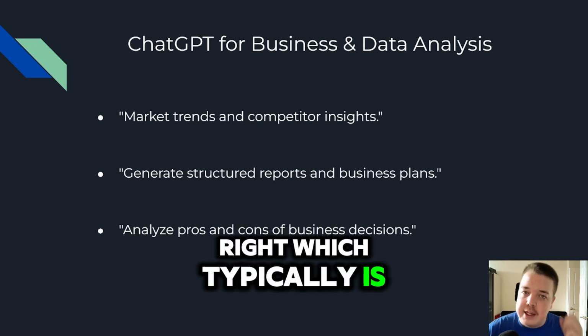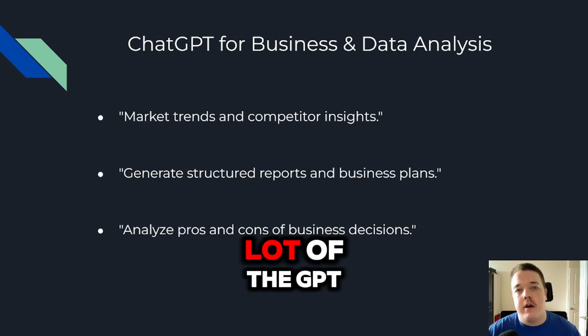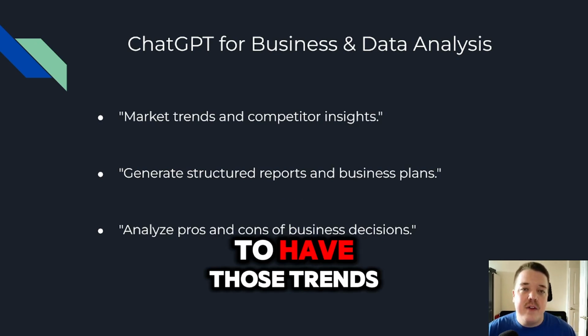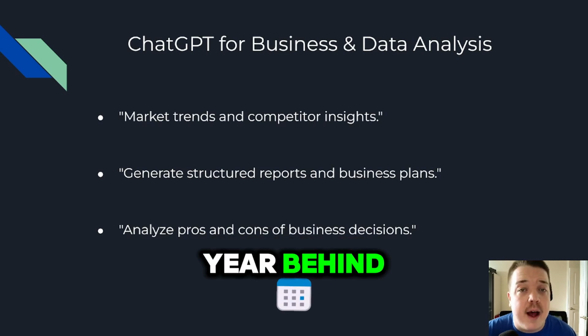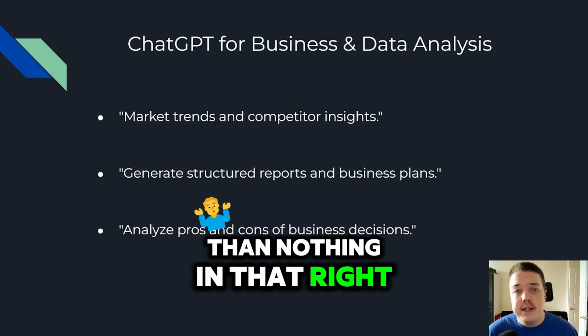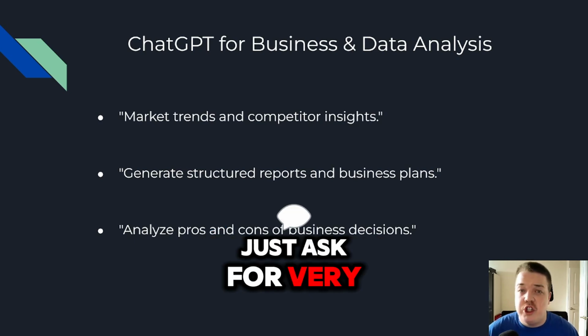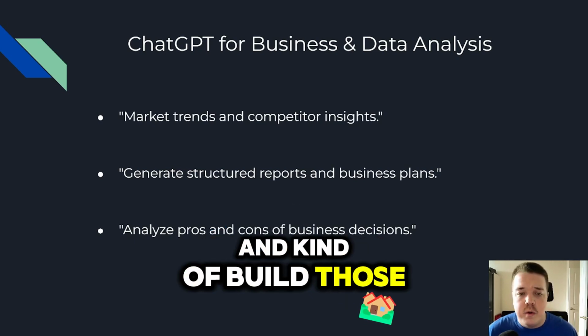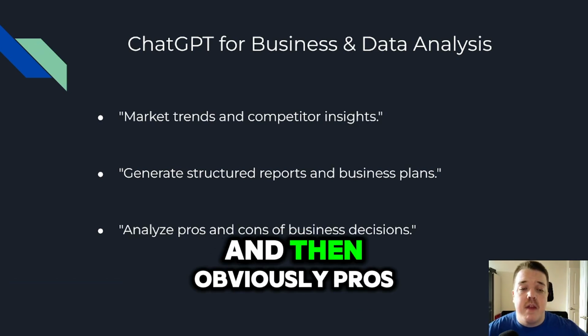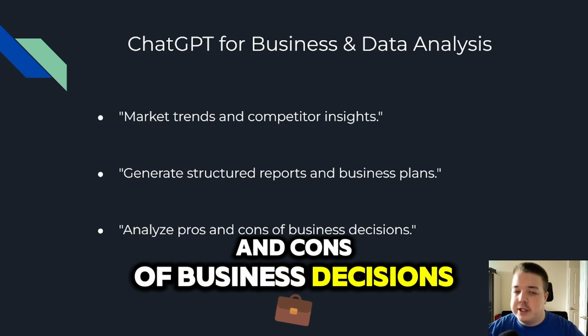Which typically is early 2024 for a lot of the GPT based models. So it's great to have those trends, but you're literally a year behind. But something is better than nothing, right? Or you could just ask for very general trends and kind of build those out and go about your business that way, right? And then obviously pros and cons of business decisions.